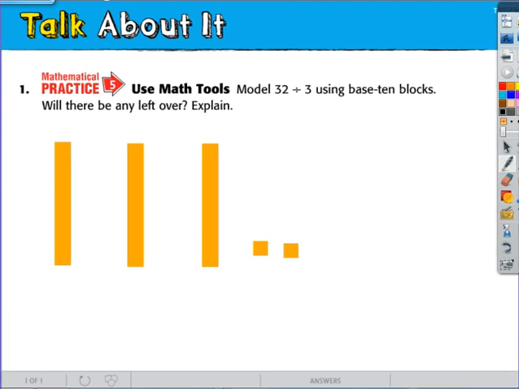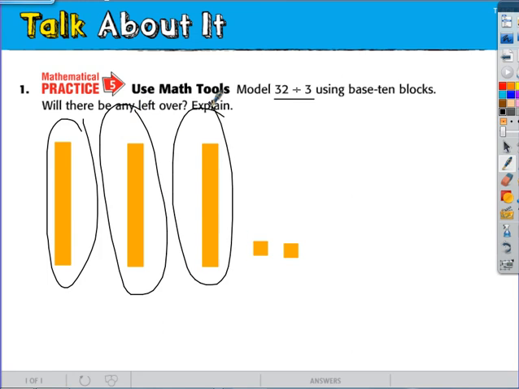Now, how many groups do these need to be divided into? 3. How many groups do I have to break 32 into? 3. So I start with the tens and say, okay, I have 1 group, 2 groups, 3 groups. Then I go to my ones. Can I make groups out of my ones? No, I cannot, can I? Why can I not make groups? No, because there is less than 3. So will there be any left over?